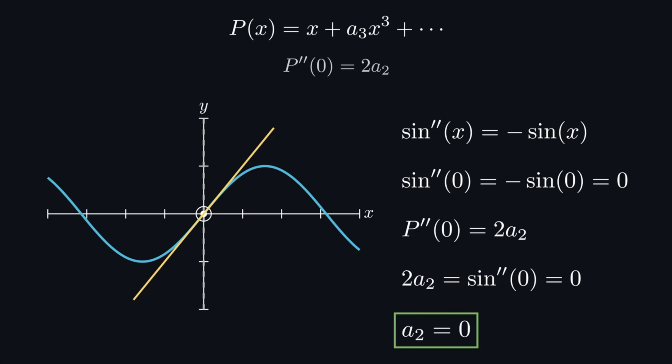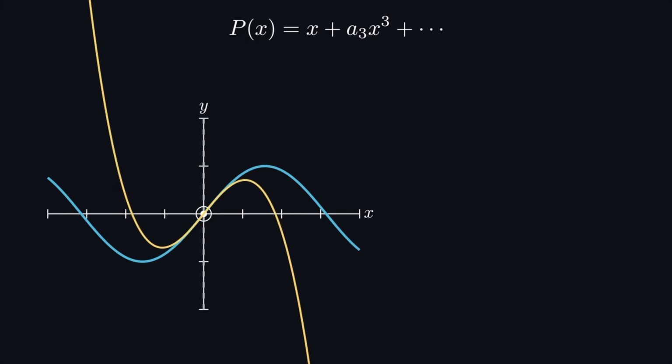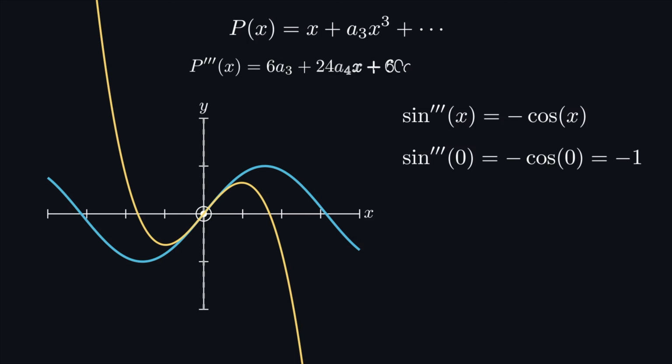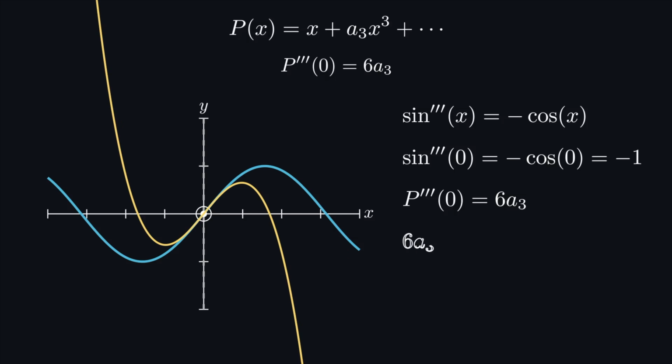Let's continue like we have been doing by computing the next derivative. So for sine of x, its third derivative is minus cosine of x, and at x equals 0, this simply equals minus 1. For our polynomial, the third derivative at 0 is 6a3, and if we match these, we get the coefficient a3 equals minus 1 over 6.